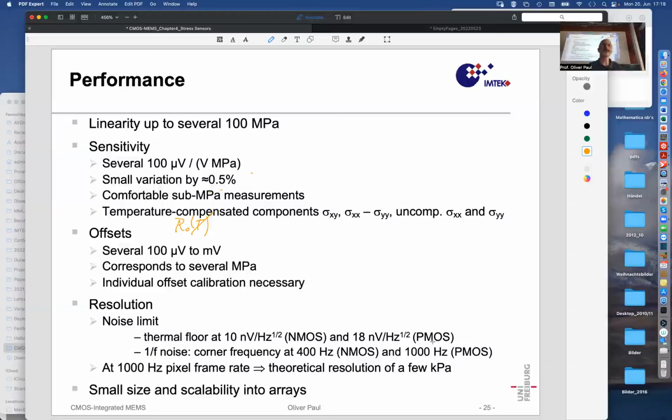So from the system point of view, it's better to operate those devices at higher frequency, to do some chopping at high frequency, and then you get rid of the low frequency noise. So there are switched capacitor and other chopper techniques that the circuit designers apply to make these measurements.